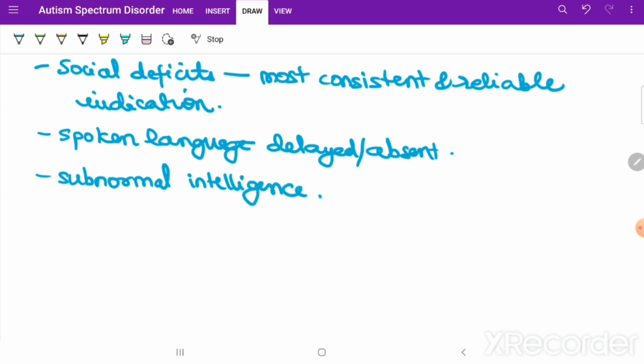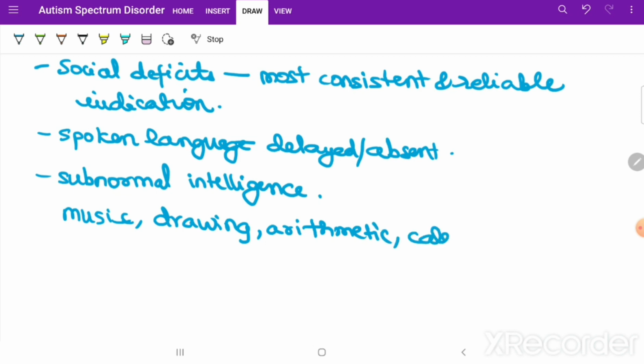But some individuals have unusual or special capacities, like in music, drawing, arithmetic, calendar calculation. In some skills they may be really amazing.